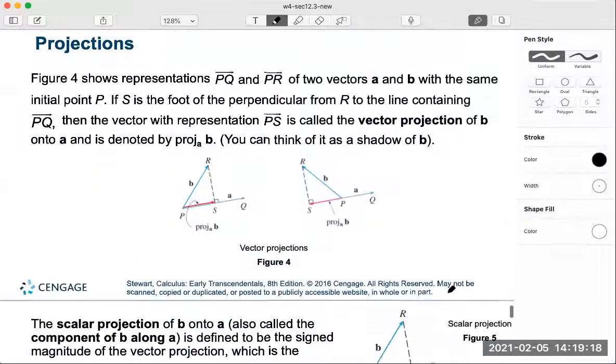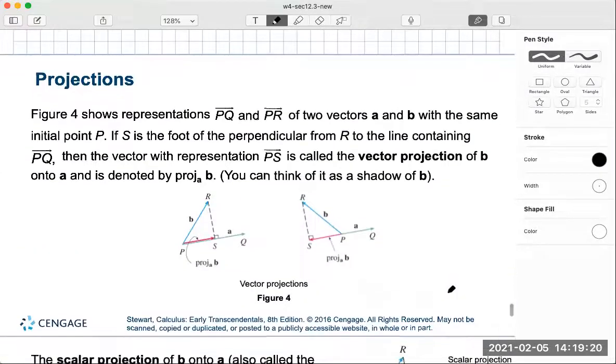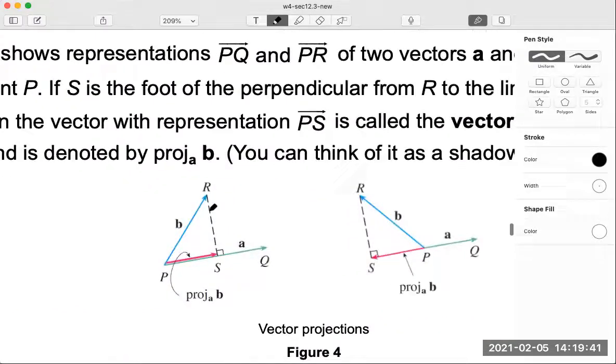Yes. And here is the projection. So if the vector PR we call vector B here, and PQ is the vector A, then the projection of vector B, which is PR, onto the vector A will be the red line here. Okay? The angle between them, let us call it theta.